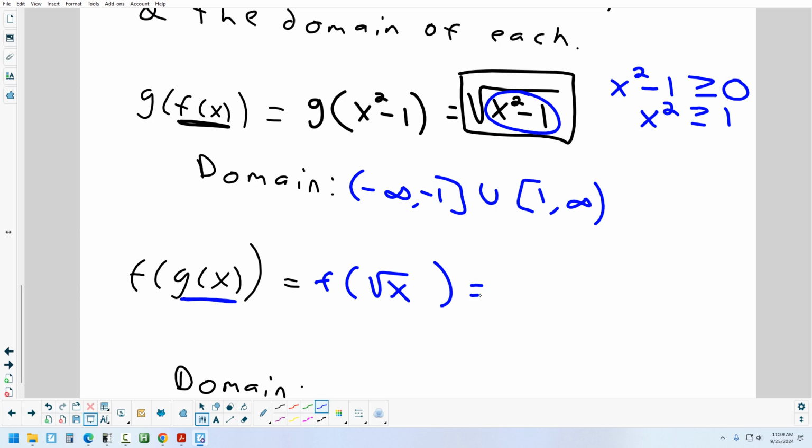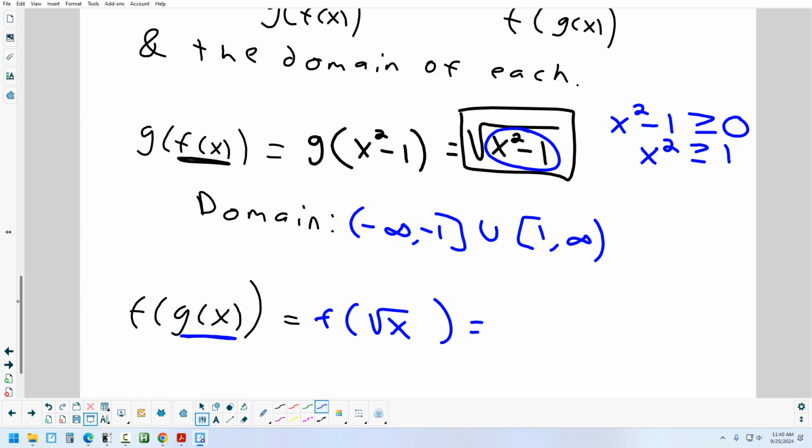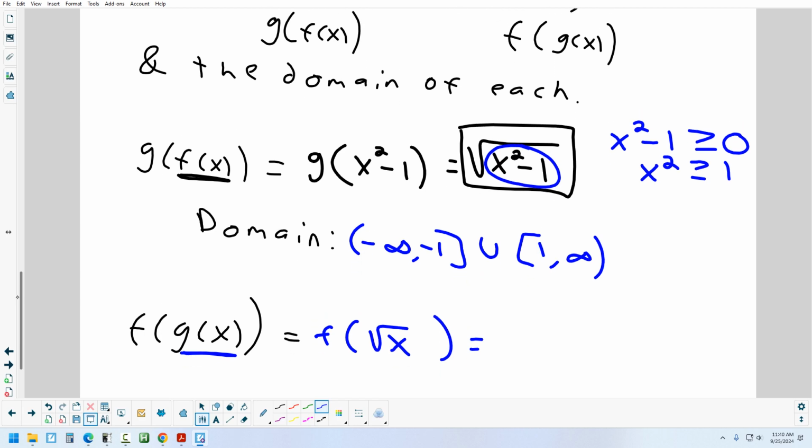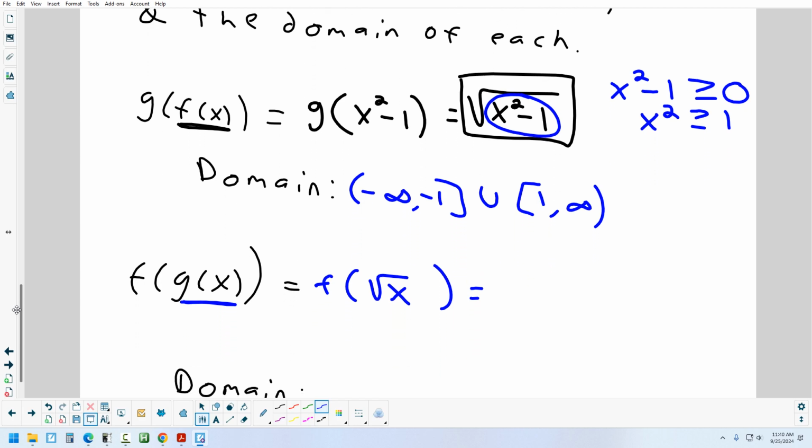And now in formula f, what am I plugging in for the letter? X squared minus 1. Wait, what did you say? So in formula f, what am I going to replace the variable with?